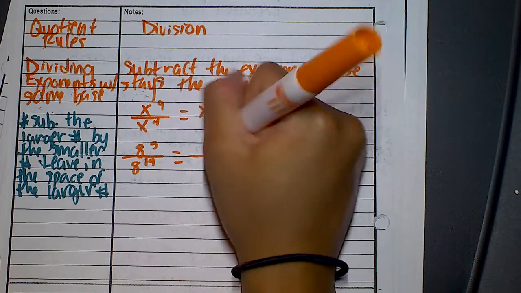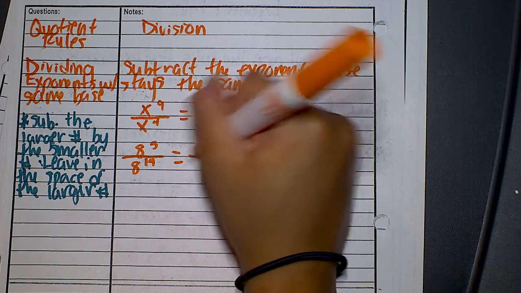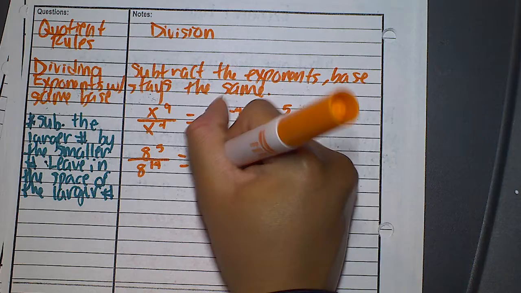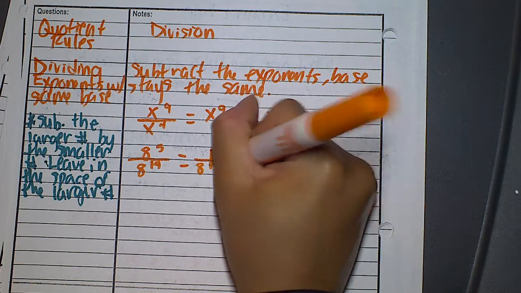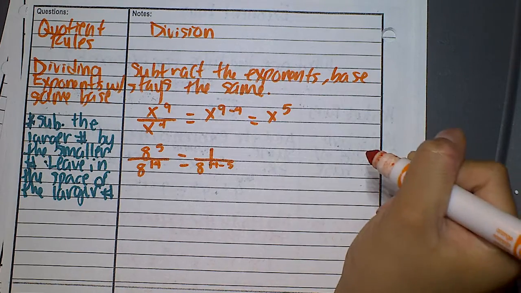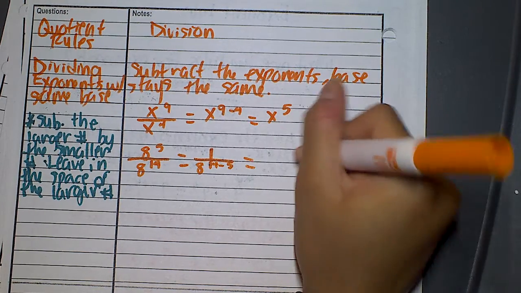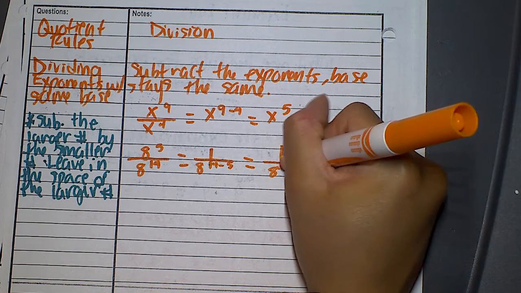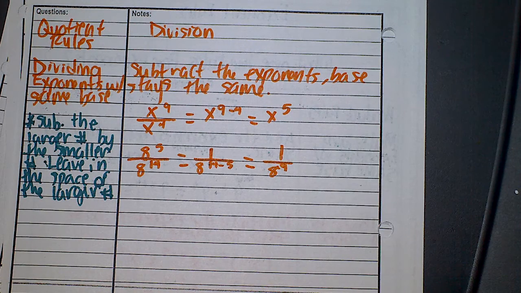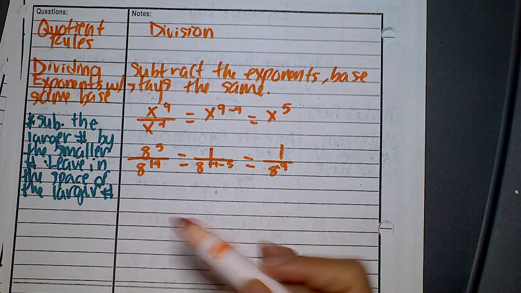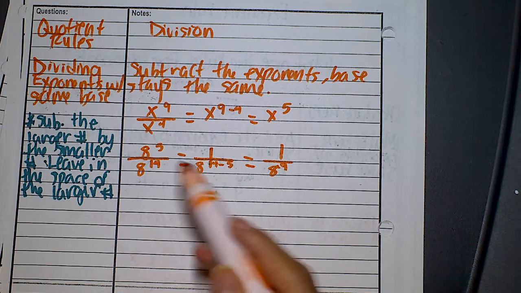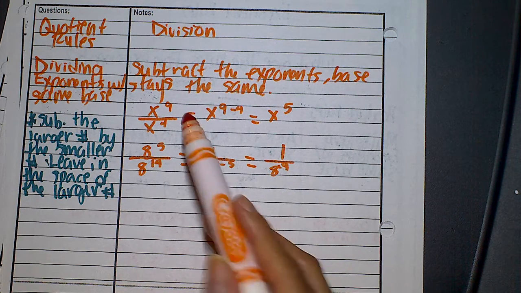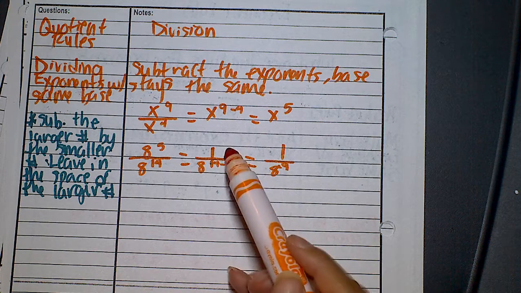So then if we're bringing this 8 to the 5th down, then there's nothing on top, so we just leave it as 1. And then 8 to the 14th minus 5, which is equal to 1 over 8 to the 9th power. So remember, the larger number tells you where your final answer should be, whether that's in the numerator or in the denominator under 1.